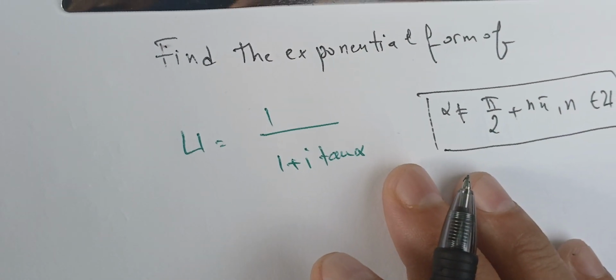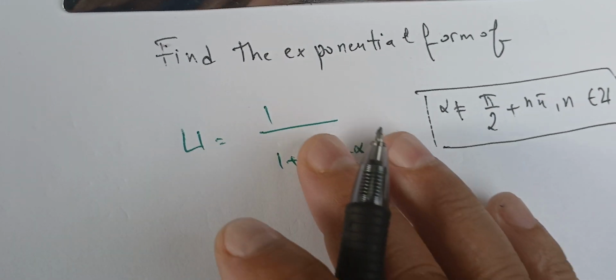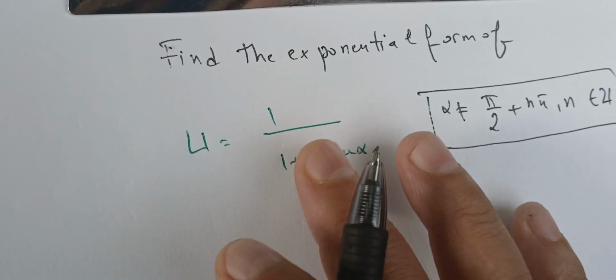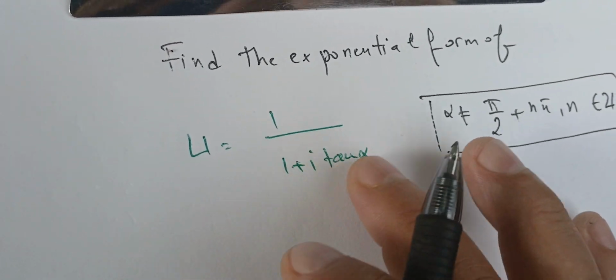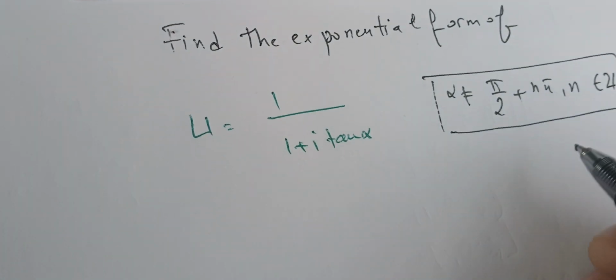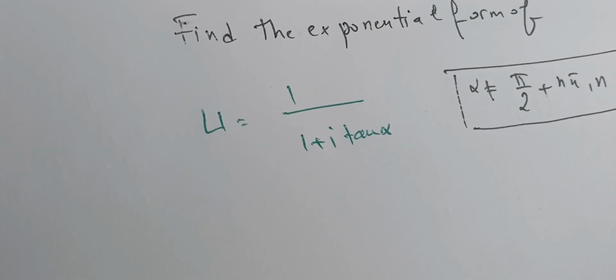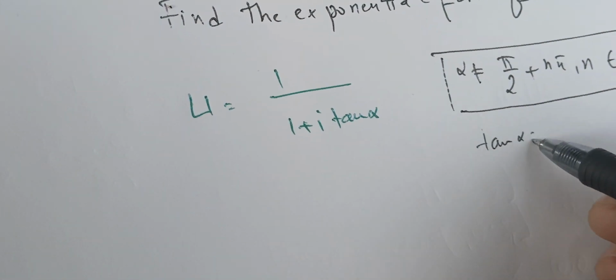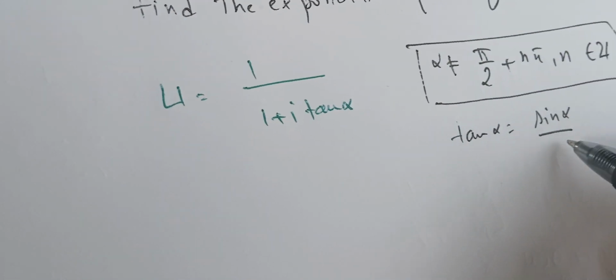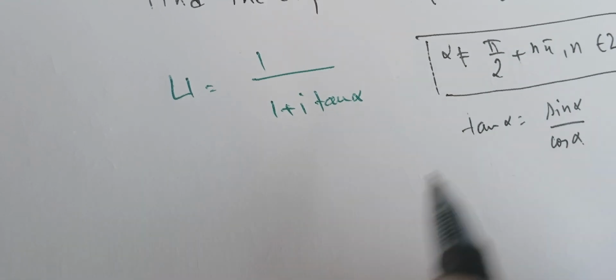Next, we can write u in some simplified form by using the expression of the tangent. We know that the tangent of alpha is just sine of alpha over cosine of alpha.